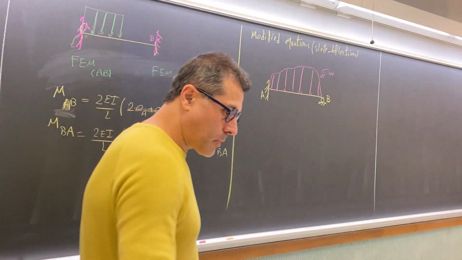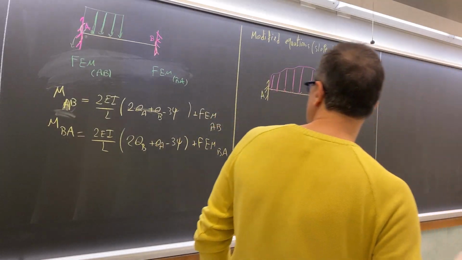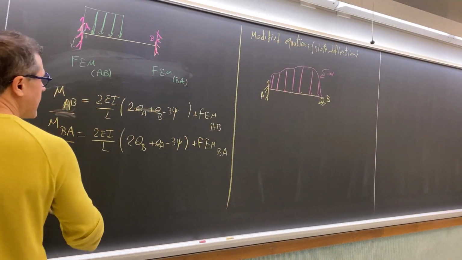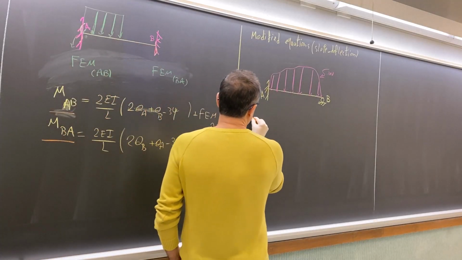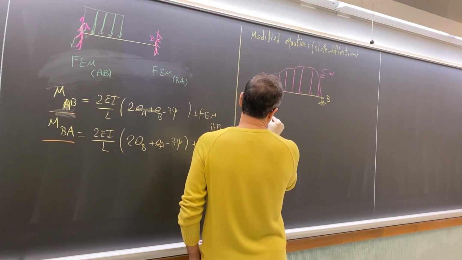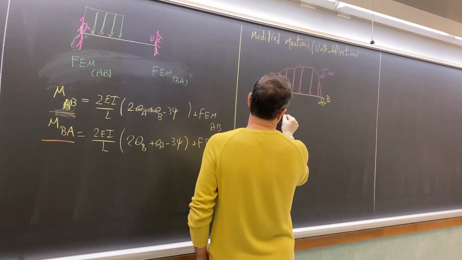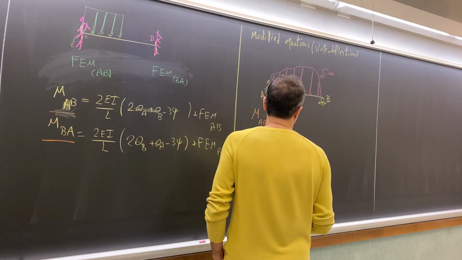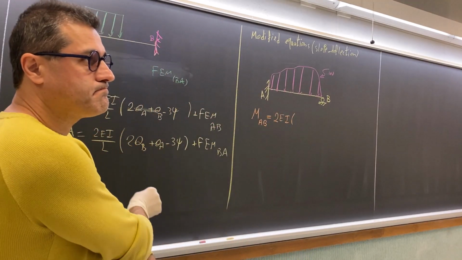Now, if you look at these two equations, MAB and MBA, MAB is equal to 2EI. I'm just repeating this equation.